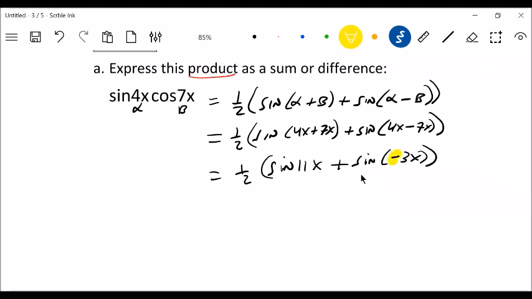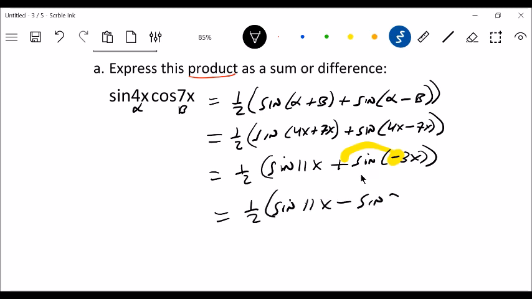But this negative can then go over to the plus and go in front. So we will have 1/2 sine 11x minus sine 3x. And that's acceptable to stop there, although I prefer to have it over 2.